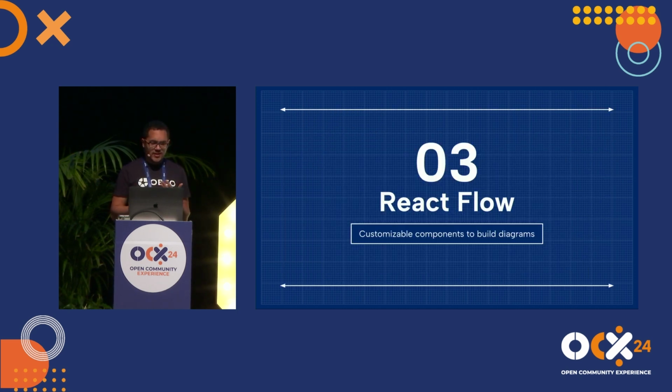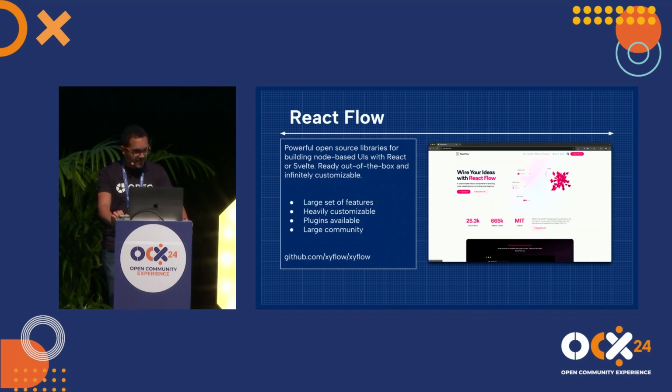So we started to get interested in React Flow when it started to grow bigger, because when we started Sirius Web, React Flow did not really exist. It was a very small project at the time. But now React Flow is a powerful open source library to build diagrams in React or Svelte.